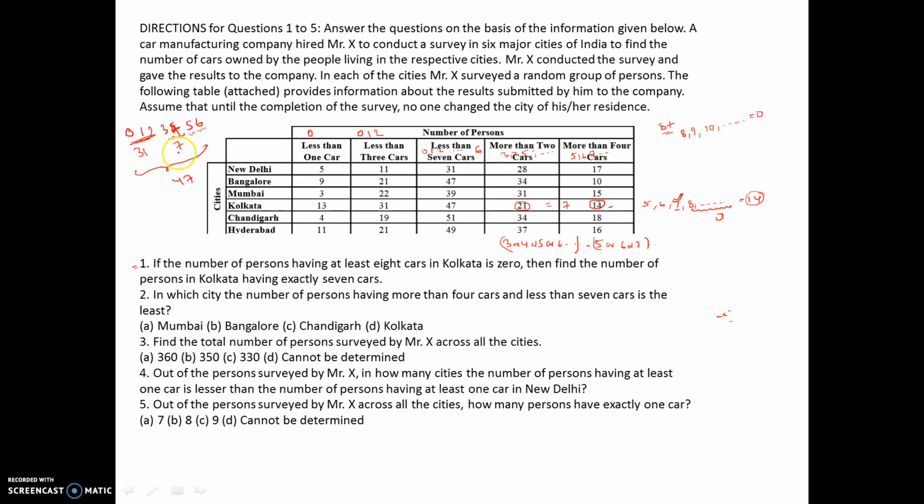So if I have to figure out for 5 and 6, from 47 you subtract 38, which is 9. So 9 people are having 5 cars or 6 cars, and exactly these 9 people, if I subtract from 14, the remaining persons will have how many cars? Exactly 7 cars. So this answer is 5.